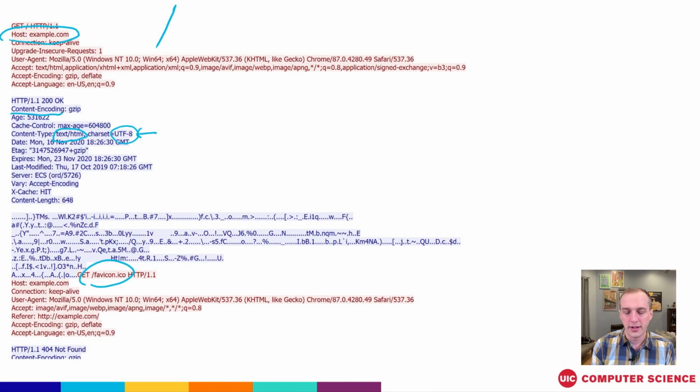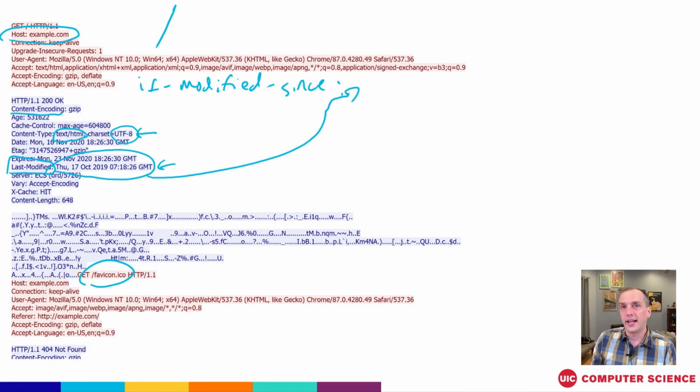We also have important information for HTTP purposes, but not Homework 5 purposes, like the last modified header, which allows us to keep track of how recently something has changed. So if we want to ask for it again, we could send a message with the if modified since. So if we as the client have kept a copy of that file because we looked at it recently, we can tell the server, hey, only send it to me if it's been modified since October 17th, 2019. And the server might say, oh, hey, this hasn't been modified since then, so you can keep using that same version.